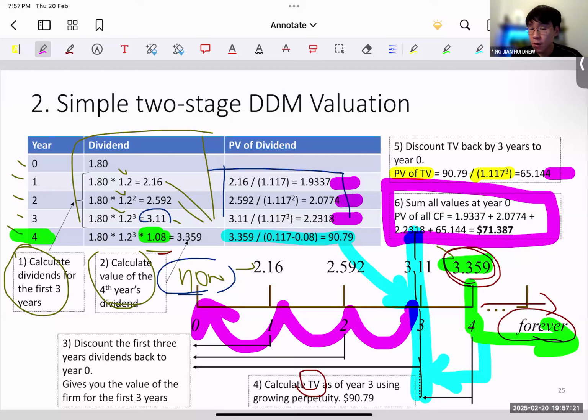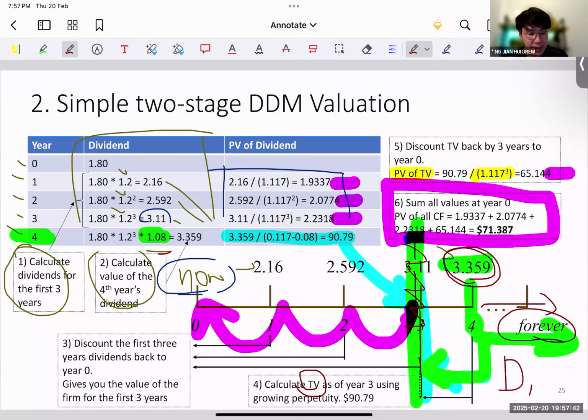So it's always 1 year before growth. I guess when we say 1 year before growth, you are talking about this one, right? Here, this thing here. So yes, it's 1 year before, because the formula for growing perpetuity uses D1, right?